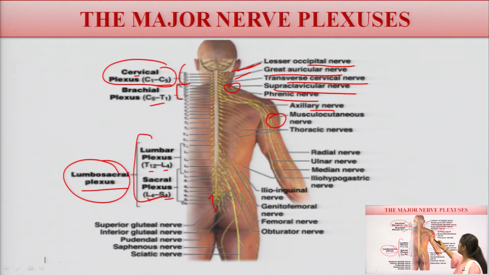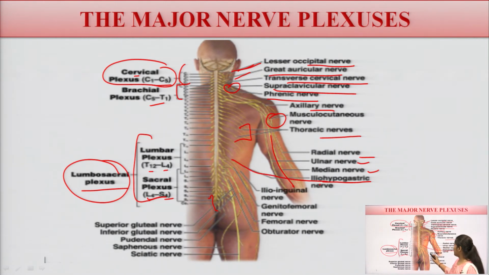Now this muscle is the musculocutaneous nerve. This thoracic area is the thoracic nerve. This radial means if we talk about the bones, so there is a radius, humerus, ulna. So there is a radial nerve, ulnar nerve, and this middle layer is known as a median nerve, and there is a iliohypogastric nerve, this one.